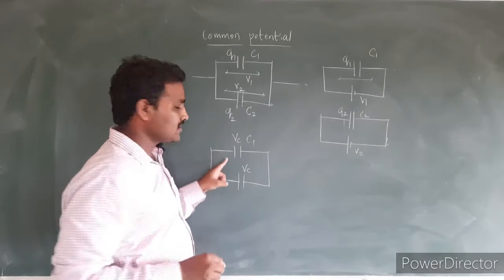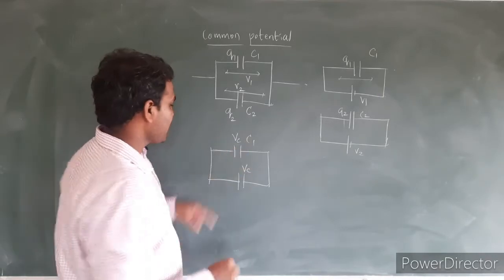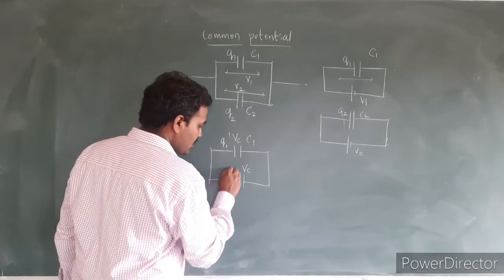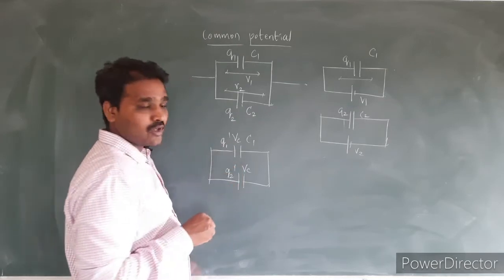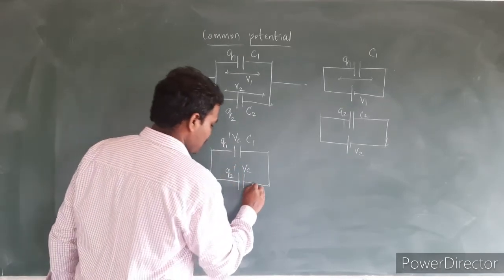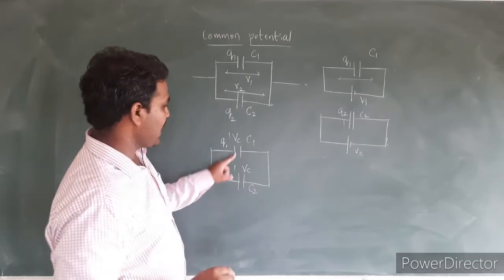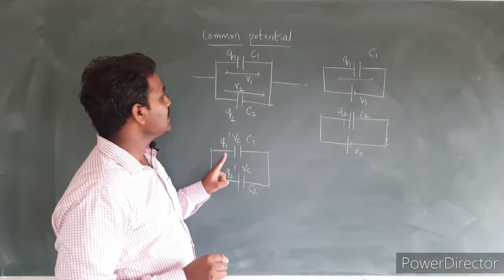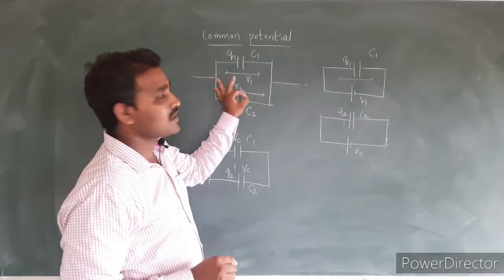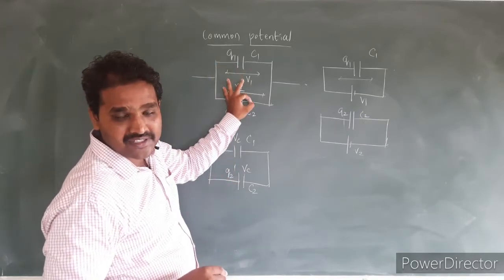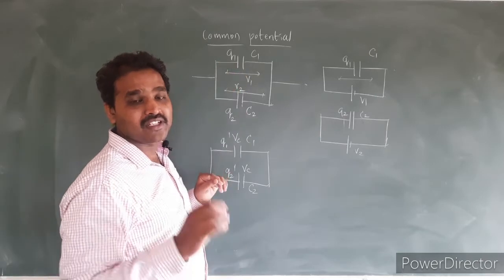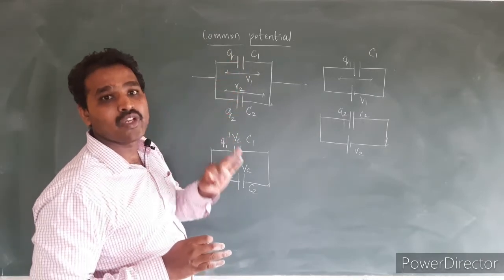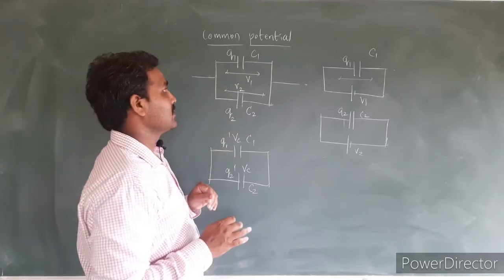The new charge present on capacitor C1, I call Q1 dash, and the new charge present on the second capacitor, we call Q2 dash. And this we call the common potential Vc. There is transfer of charges from the higher potential capacitor to the lower potential capacitor until the potentials of both the capacitors are equal to each other.